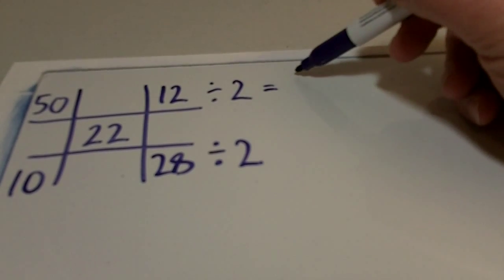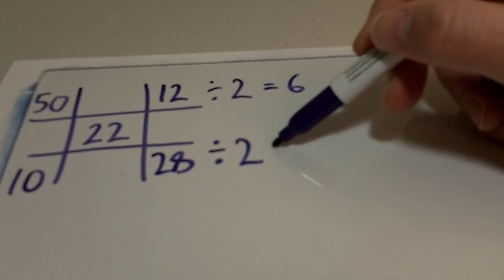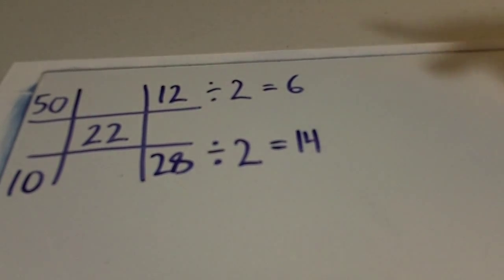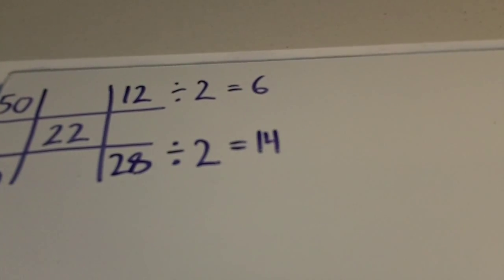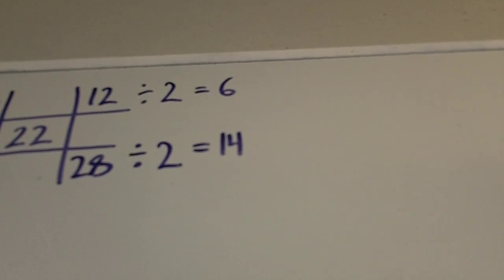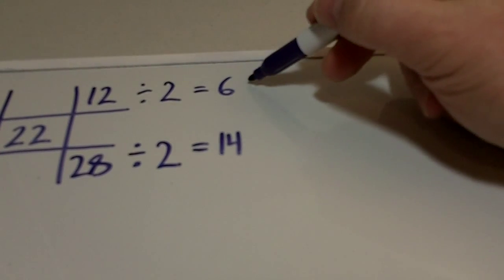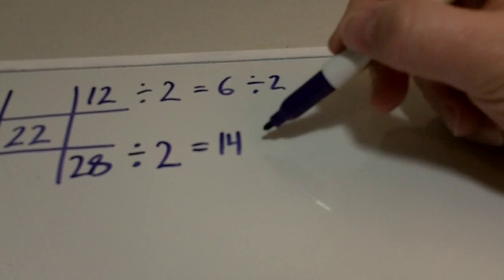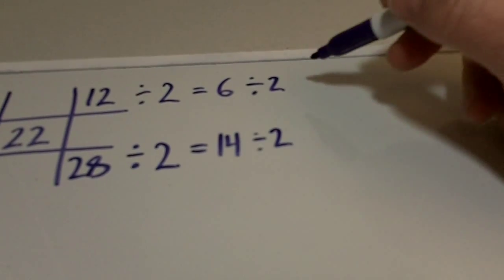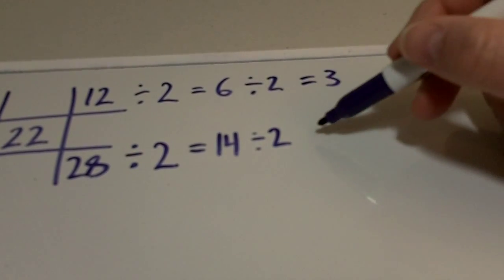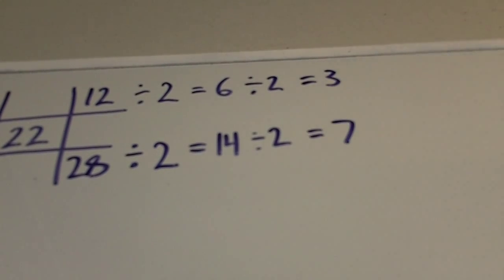Up here that equals 6, and down here it equals 14. I still have 2 even numbers, so I can further reduce this ratio. Let's divide by 2 again. What I get is 3 up here and 7 here. So that's a 3 to 7 ratio.